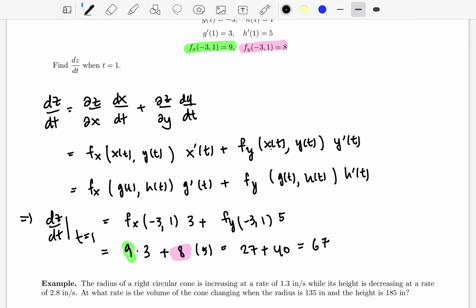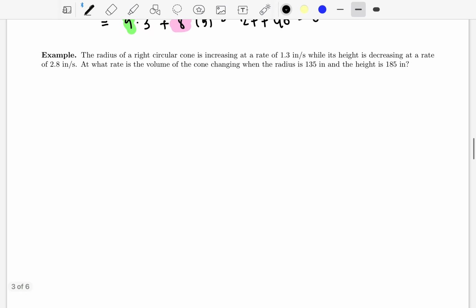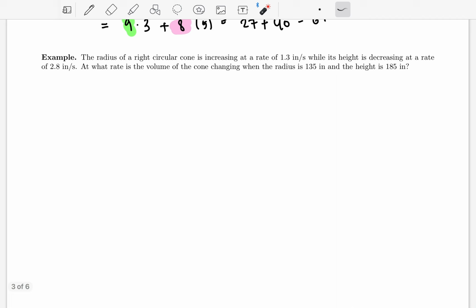Okay. Now we have another nice example, which is a related rates problem, very similar to what I was talking about at the beginning of this video. So now we have that the radius of a right circular cone is increasing at a rate of 1.3 inches per second. So if the radius is increasing, then that tells me that this is going to be my dr dt.